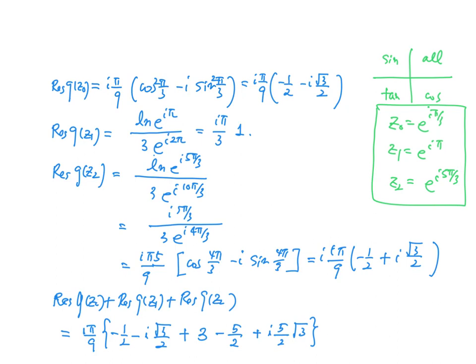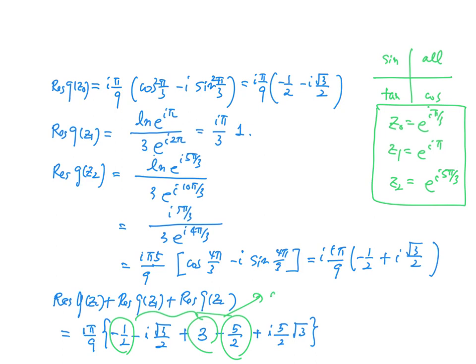Let's check this. How about this, this, and this? 3 minus 1/2 minus 5 minus 2. 0, right? So those become 0.